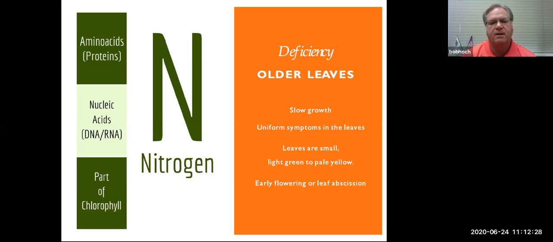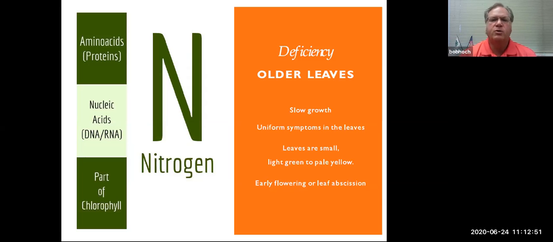The leaves will be generally smaller, lighter green in color, or under real severe situations may actually be pale or yellow, and can sometimes cause a plant to be stressed to the point where it will trigger early flowering or maybe even some leaf abscission or leaf drop.